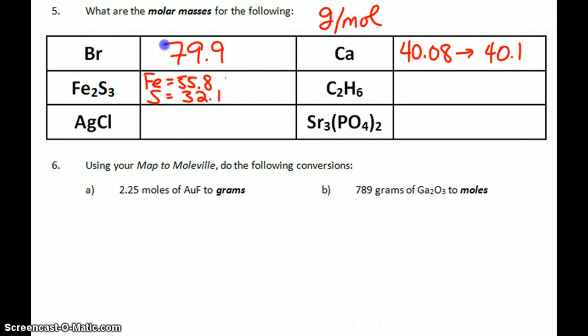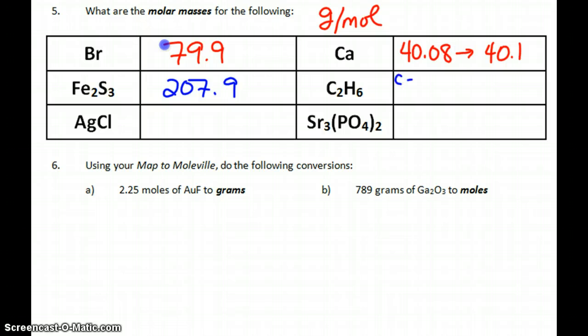So if I have 2 irons and 3 sulfurs, the 2 irons are going to equal 111.6, while the 3 sulfurs are going to equal 96.3. So that when I add these together, I'll end up with the 207.9.